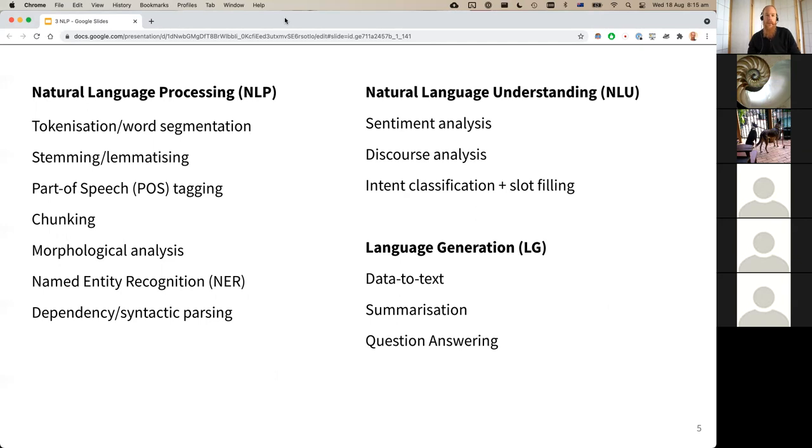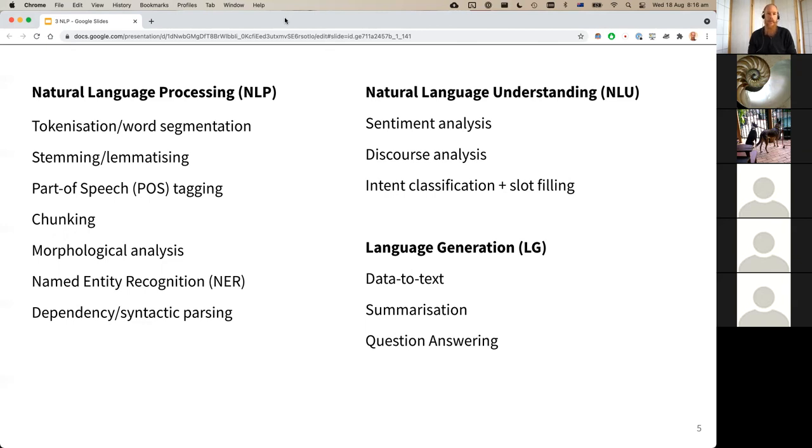NLP broadly can be broken into three parent groups: natural language processing, natural language understanding, and language generation. In the module today, we'll look at natural language processing, which tends to be techniques around formatting, data preparation, and extracting information out of natural language.